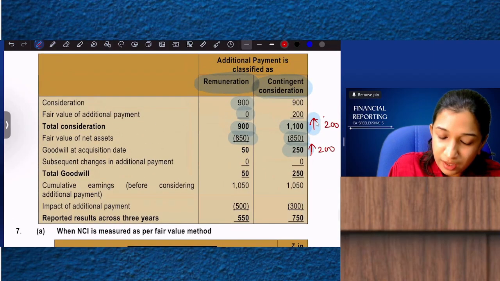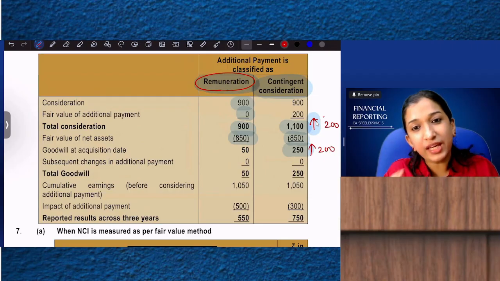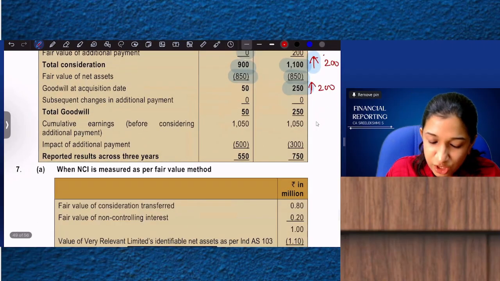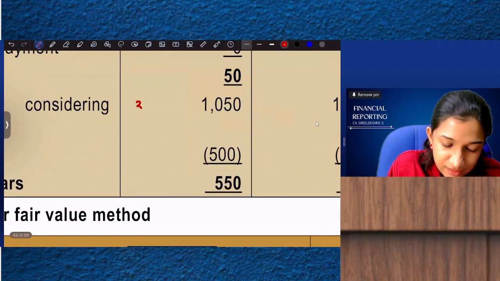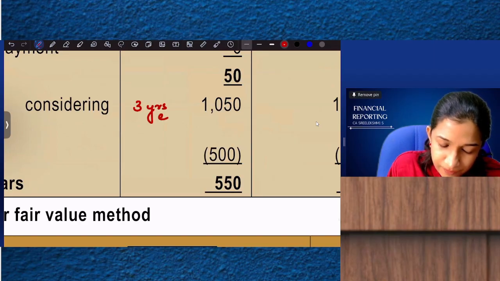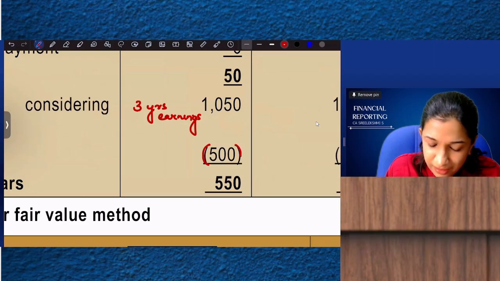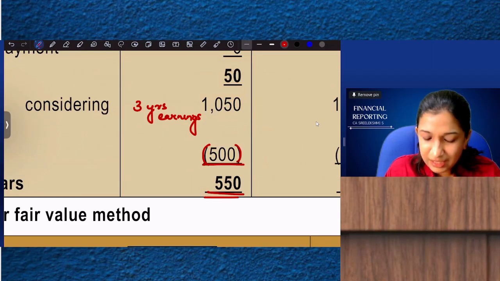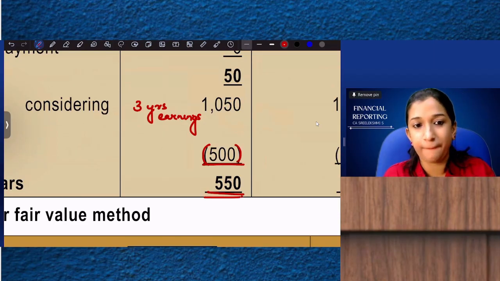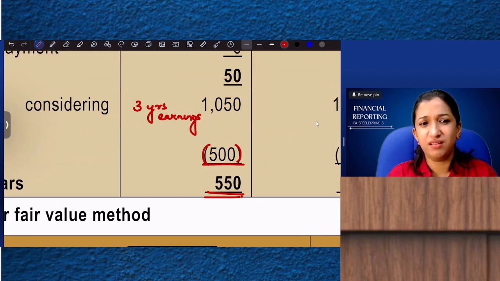If it is remuneration, 3 years condition satisfied, this is cumulative earnings, 3 years earnings. If it is expense, the entire expense will be recognized and balance profits will be only 550. Yes or no? 1050 minus 500, 550.